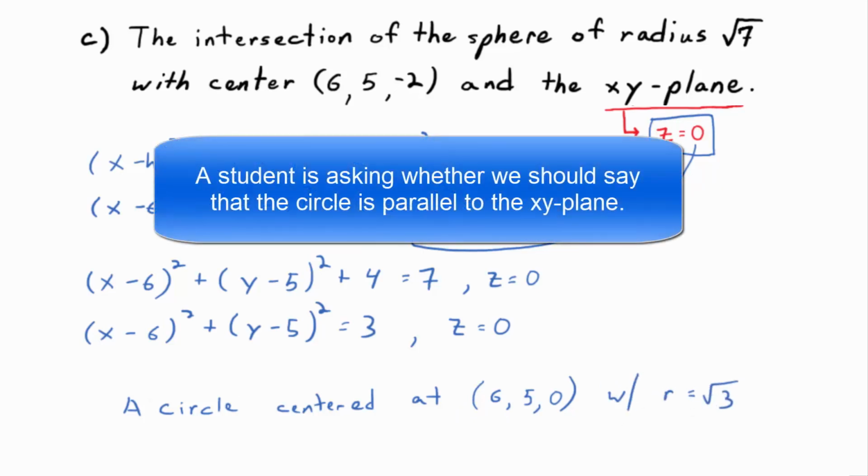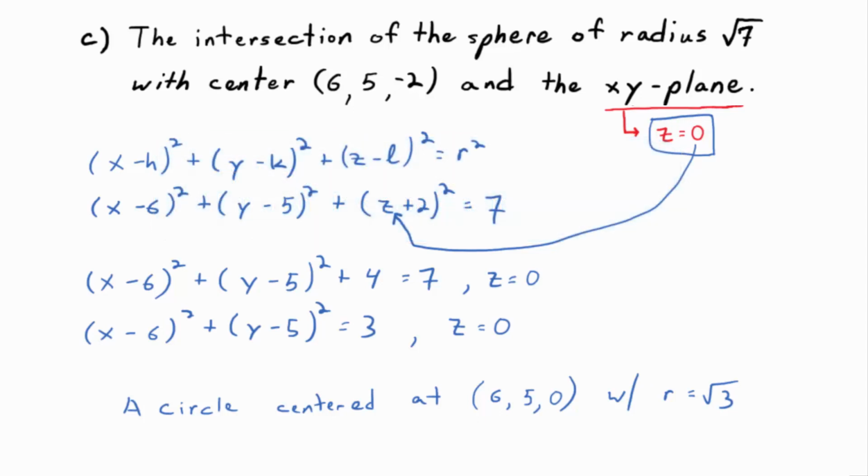Should you say that it's parallel to the xy plane? I wouldn't say it that way, but if you want to be very specific, I would say it's in the xy plane. So a circle, and to honor your statement, we'll say in the xy plane.